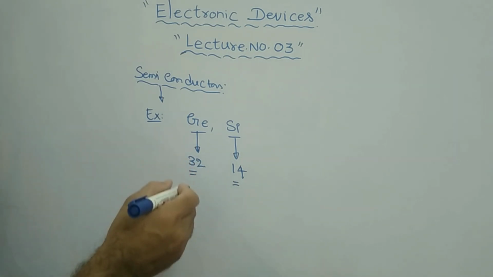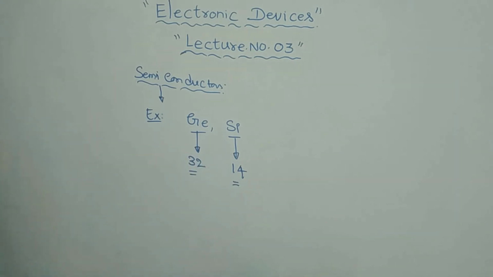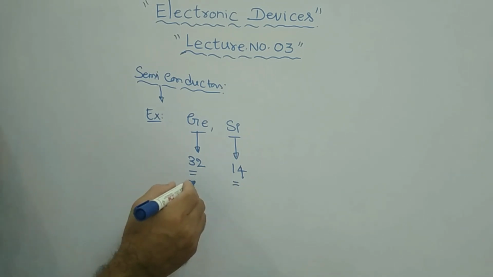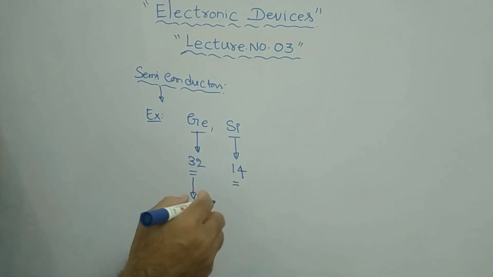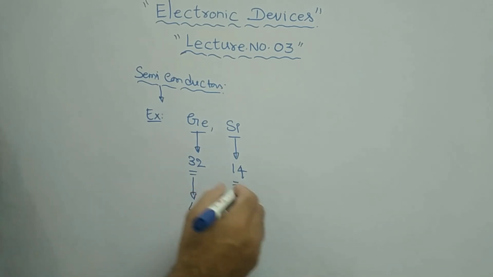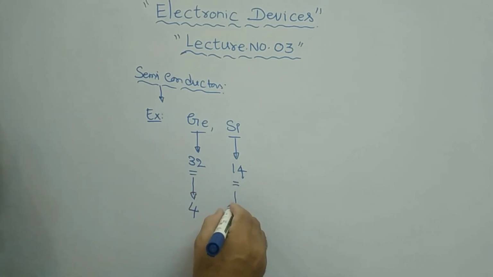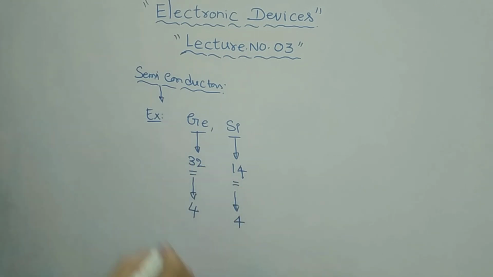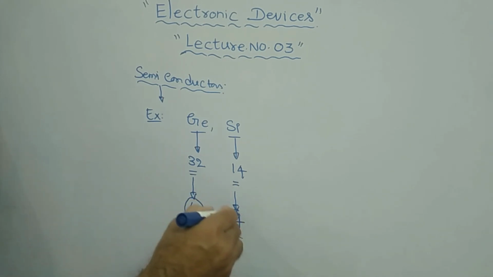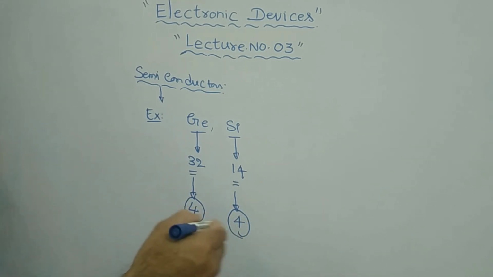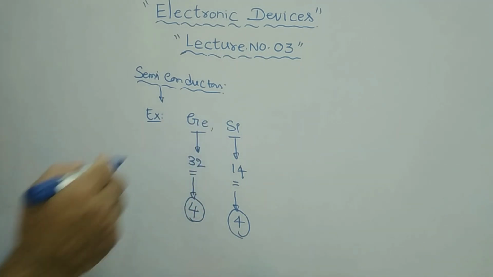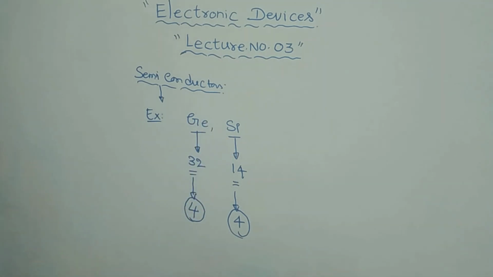If you see the electronic configuration of both silicon and germanium, both have equal valence electrons: germanium has 4 valence electrons and silicon also has 4. Both have the same number of free electrons, also called valence electrons. Because of this, silicon and germanium are called tetravalent atoms.